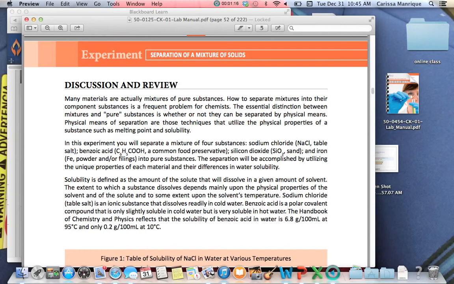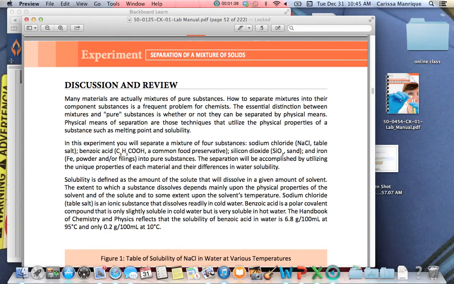So a good example I always use is salt water. If I have a cup of water, put some salt in there, and you mix it, the salt dissolves, right? And it's a homogeneous mixture, so it looks the same throughout. You couldn't actually tell that I put salt in there unless I told you.